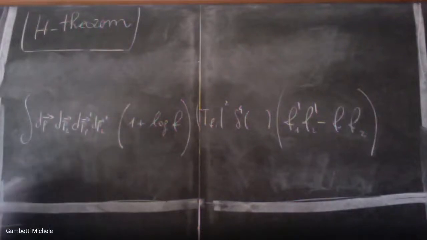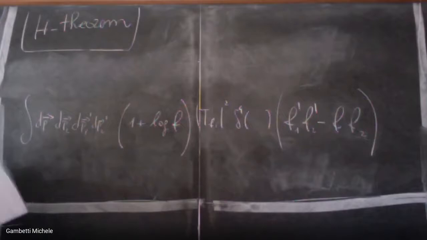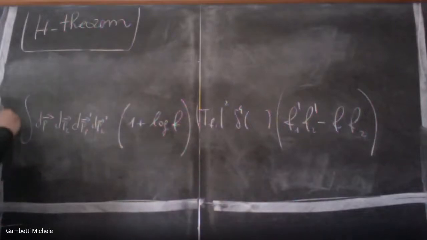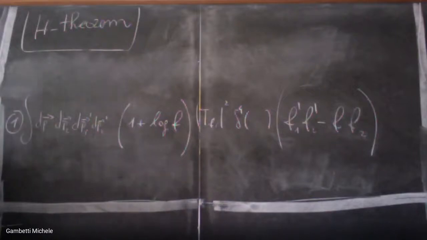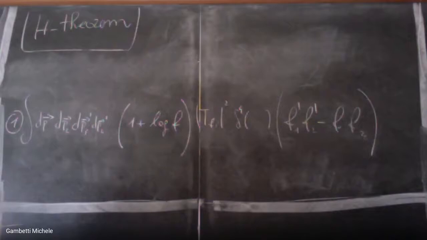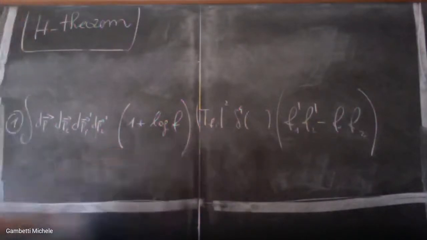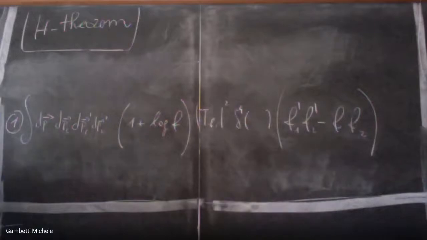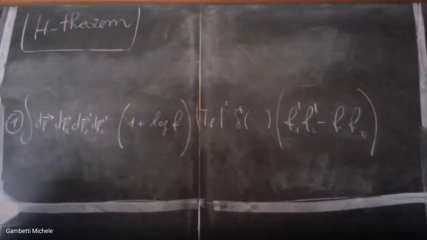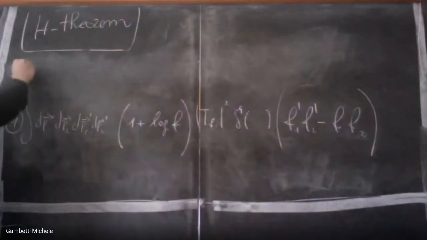Okay, so now let me call this quantity 1. So 1 is the derivative of h with respect to time, and I have used the fact that I know the structure of the collision integral. And now let me take 1 and do the following substitution.